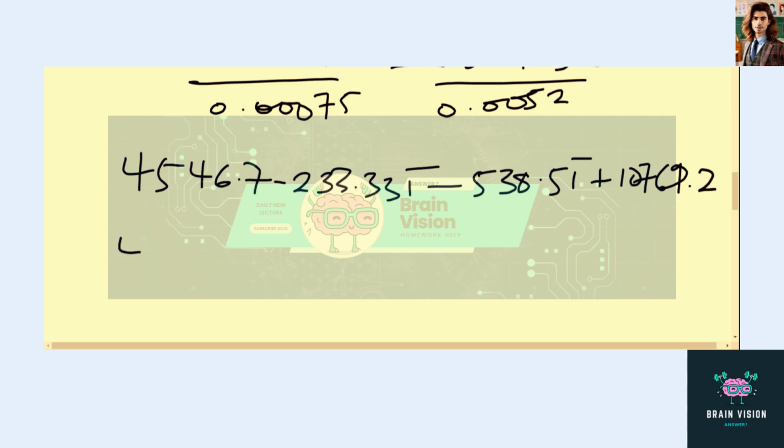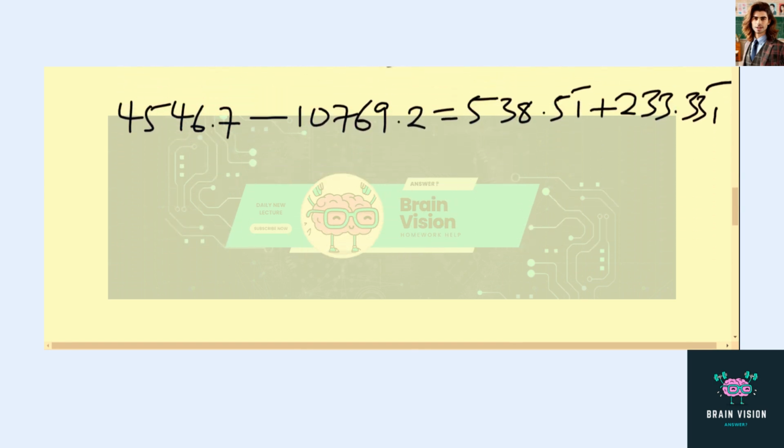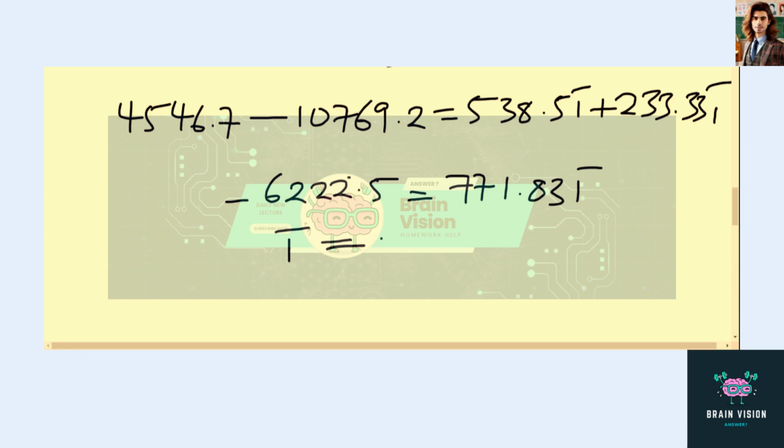When we group them, we have 4546.7 minus 10769.2 is equal to 538.5 T plus 233.33 T. So we have negative 6222.5 is equal to 771.83 T.